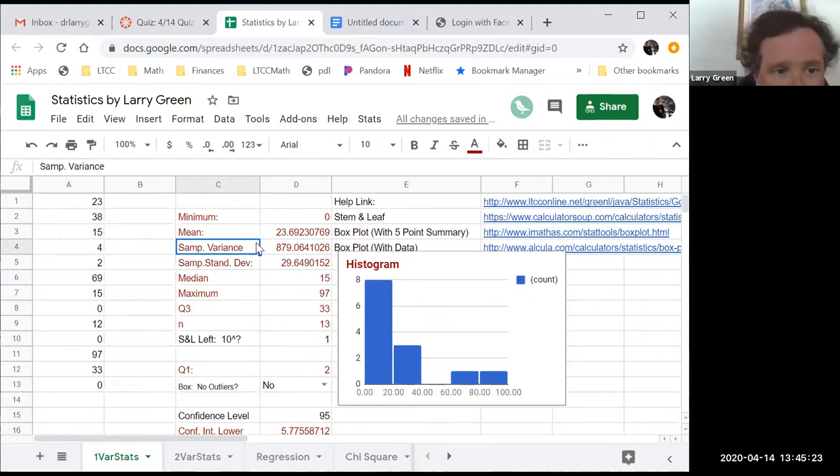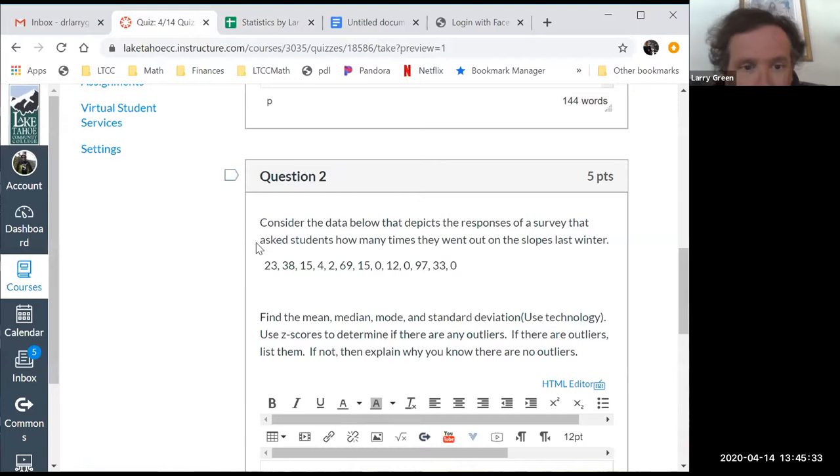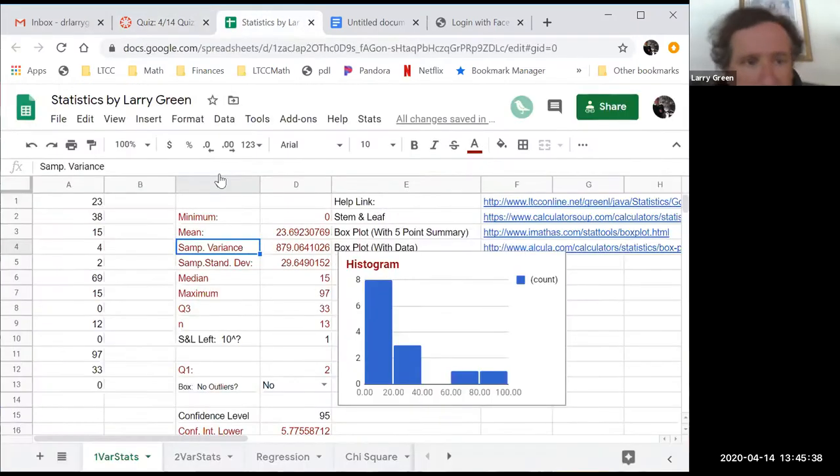We have the standard deviation was 29.65. And then what else do we want? We need the median and mode. So the median was 15.